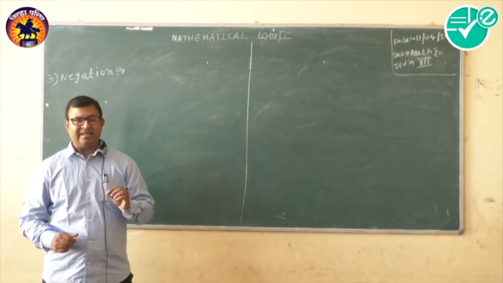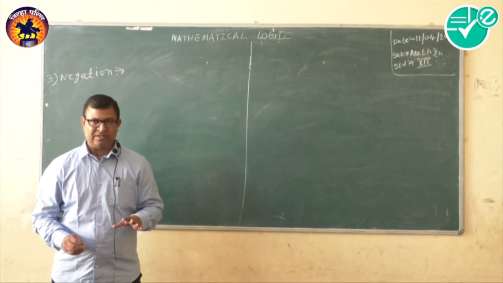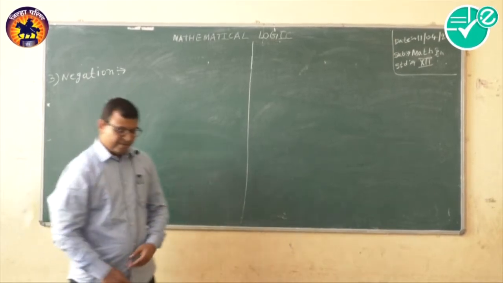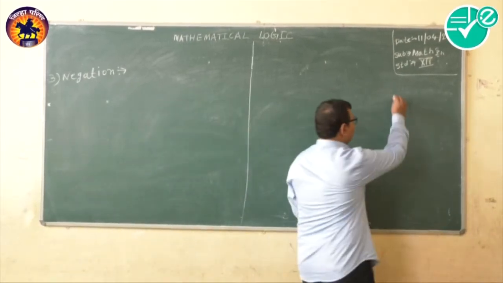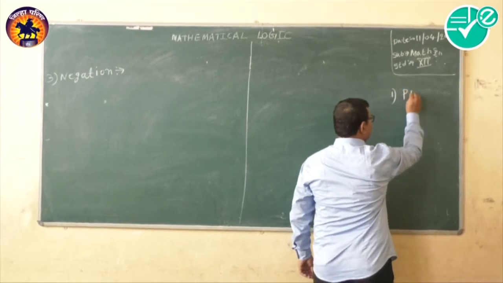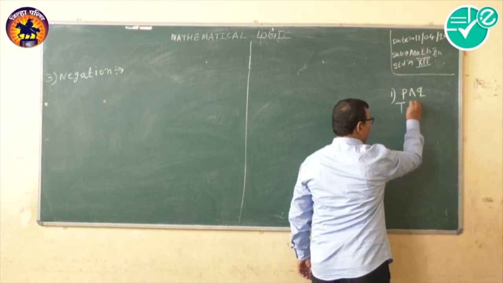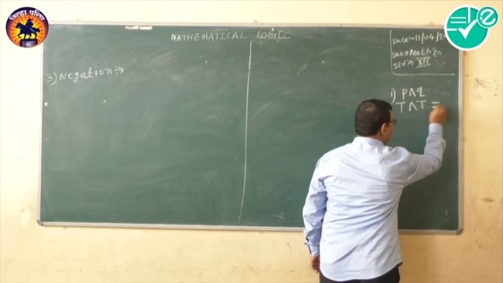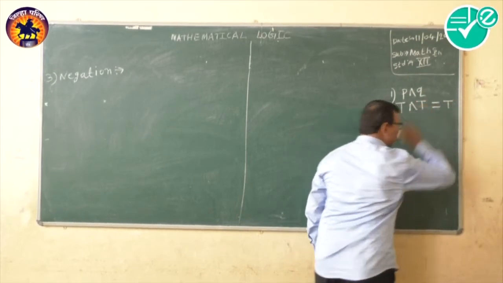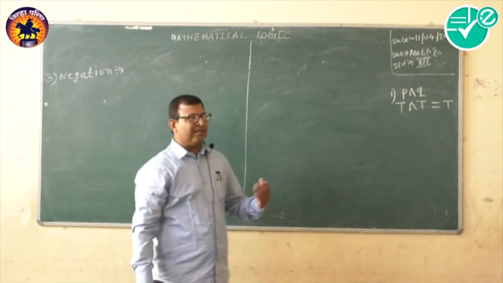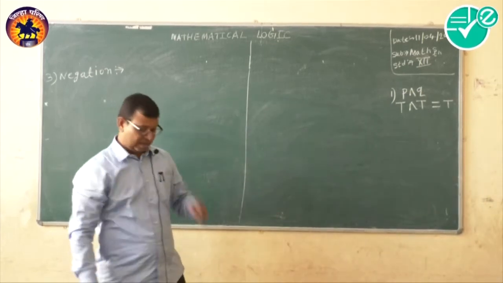In other cases, it is false. In the same way, we can write the first one, that is P conjunction Q. If P is true, Q is true, then and then only it is true. Otherwise, in other cases, it is false.